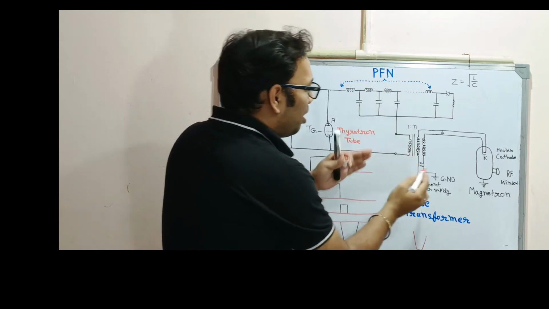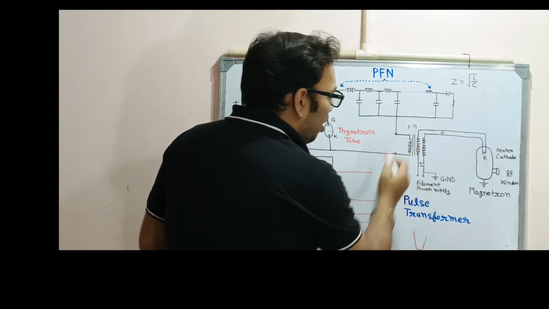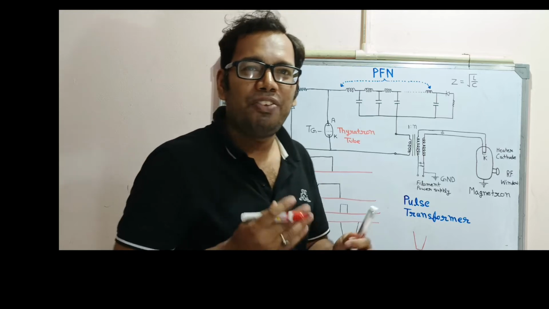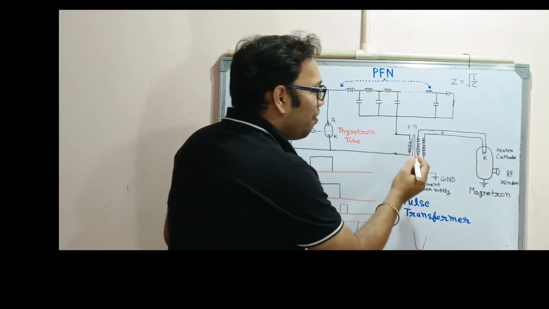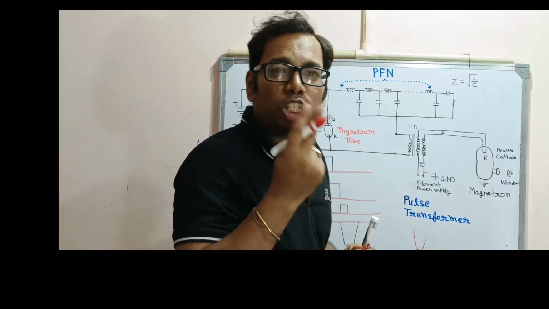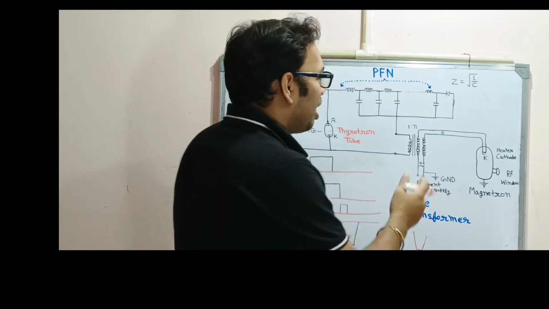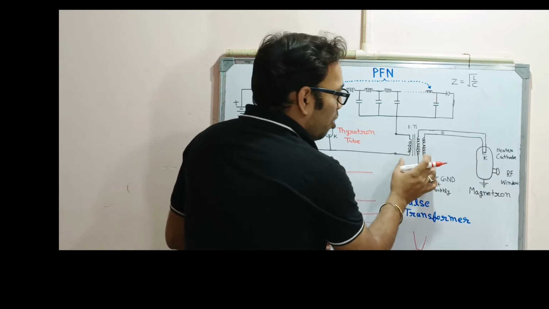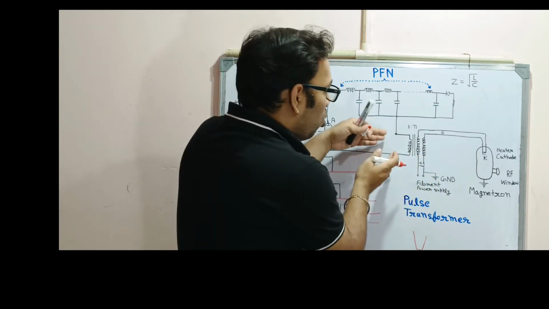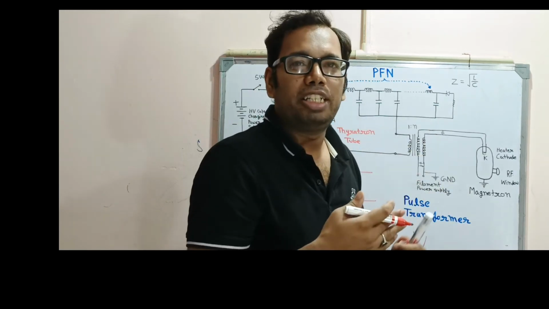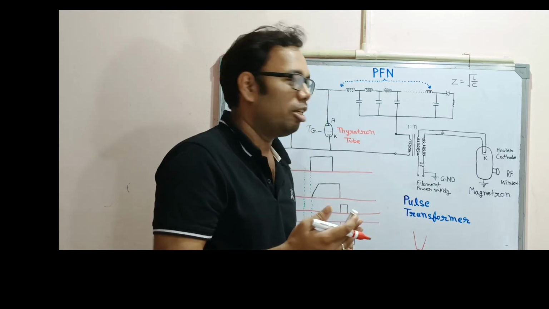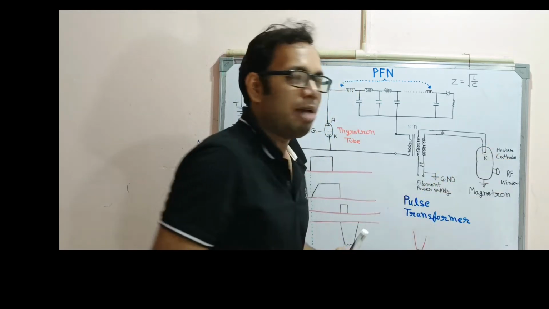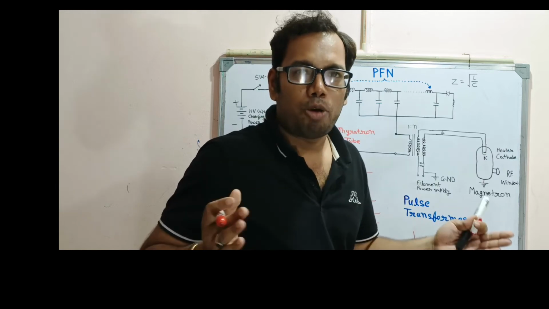After this PFN, this is the bifilar pulse transformer. Why bifilar? Bifilar means it has two equivalent secondaries on the secondary side of the transformer. This transformer will convert the low voltage pulse into a very high voltage pulse, required for the magnetron to operate properly.